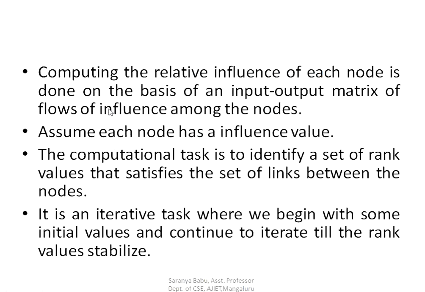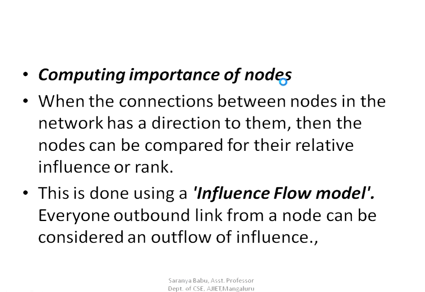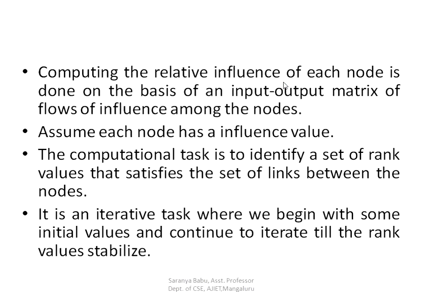Now when you are computing, there will be many direct and indirect flows of influence between any nodes in the network. If we take any nodes in the network, there could be any number of influence flows, based on how they are connected.